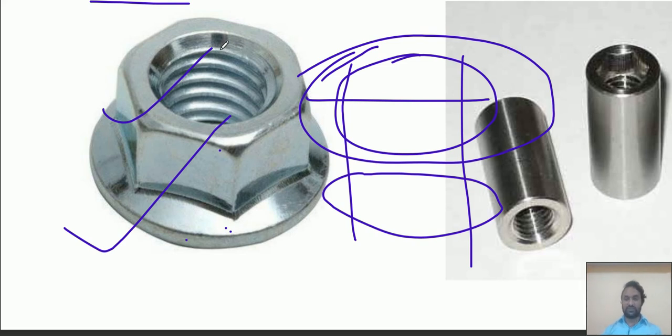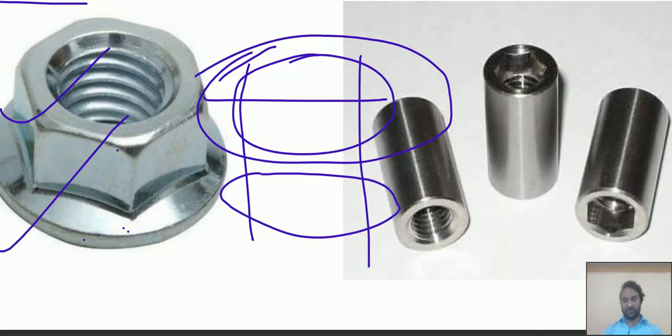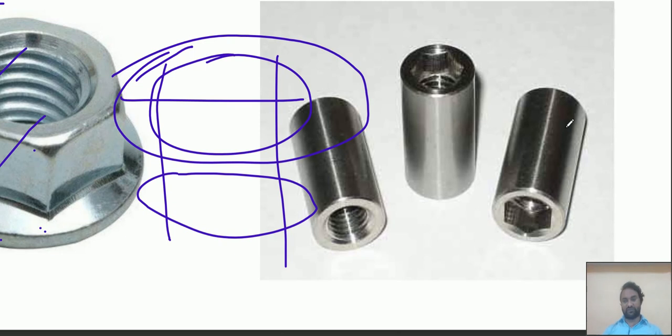Next is the cylinder nut. Generally this type of nut is used where we have to open from the top, or there is no space to rotate and open the bolt from the sides.